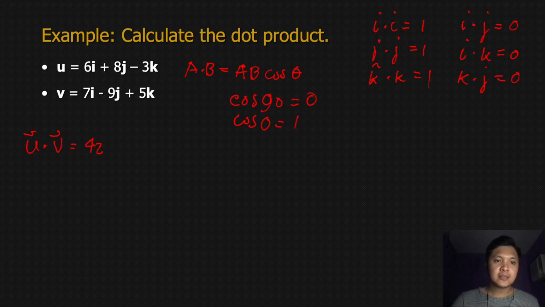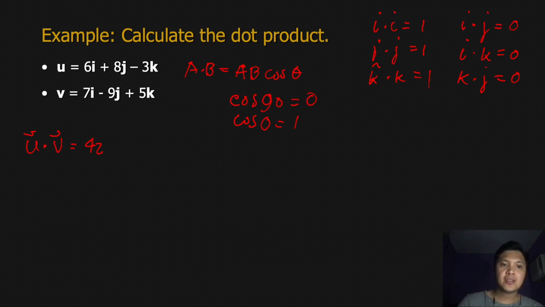So 6i and then negative 9j, i dot j is 0, therefore it's 0, so we don't have to write that. Similarly, 6i dot 5k, i dot k is 0, so that's 0.